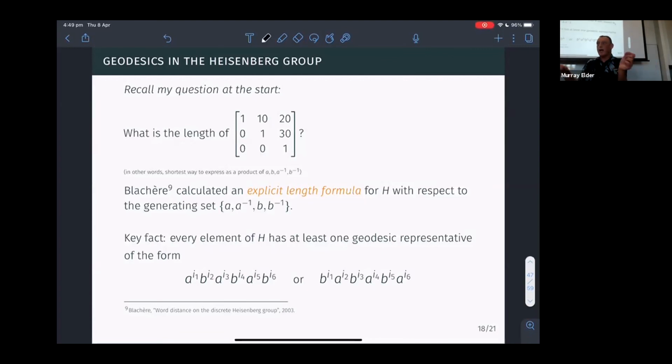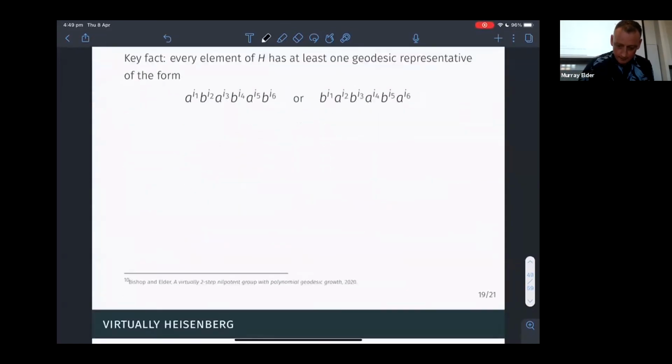You could swap between A and B like 100 times. But when you put it in my virtual Heisenberg group, that's not an efficient way to work because you're going to be using 100 T's. Whereas the fact that this is true means that I only need at most 6 or 7. I think we need one more just in case you need to go up and up at the very beginning. So that's the key fact.